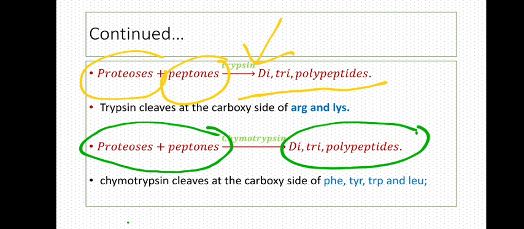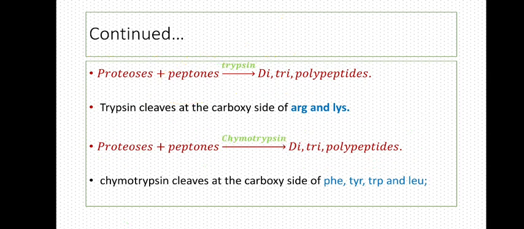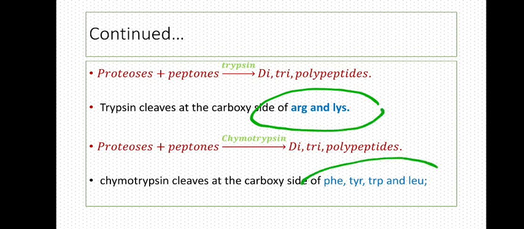These two are specific because trypsin cleaves wherever arginine and lysine are present, whereas chymotrypsin will break wherever phenylalanine, tyrosine, tryptophan or leucine is present. These are all the names of amino acids. So, wherever these amino acids are present, they will specifically cut the particular polypeptide chain. And recall, these enzymes are endopeptidases.